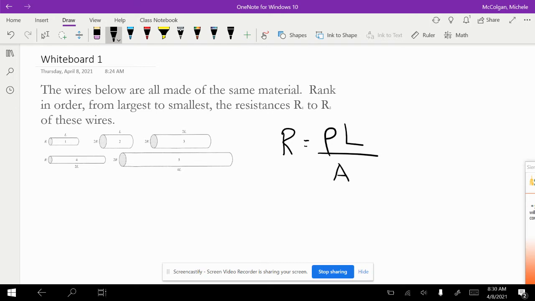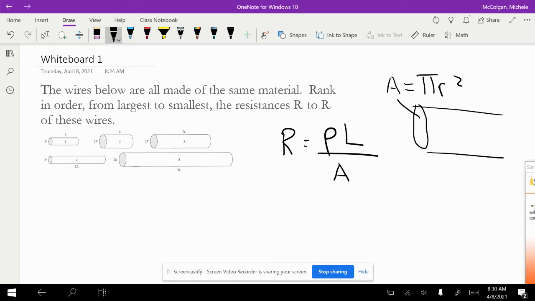And so we know that for each of these wires, my area is just the cross-sectional area of each one. So if this is my wire, this is my area, and my area is equal to pi r squared. Okay, let's start here.